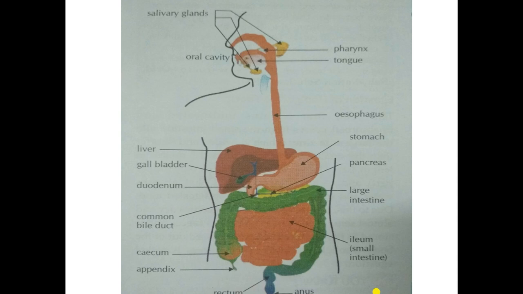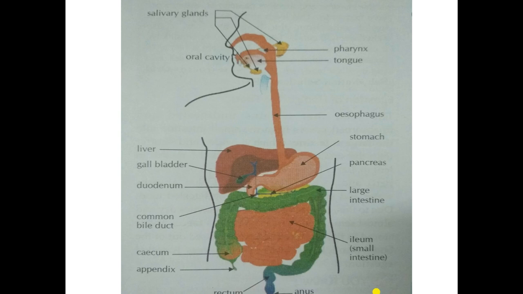The small intestine is associated with two glands. Are you able to see the reddish upper biggest gland, the largest gland? This is the liver, and the liver secretes a juice which we call bile juice. Are you able to see the small green bag just below the liver? That is called the gallbladder.